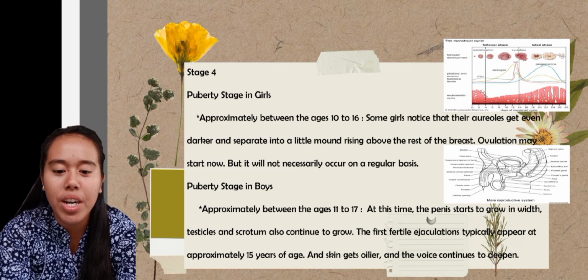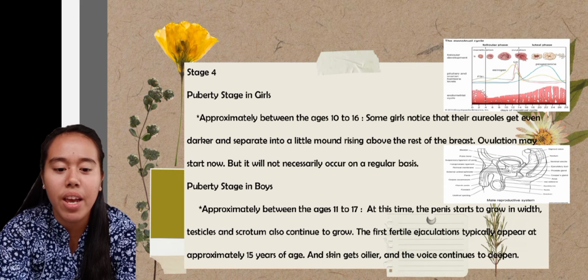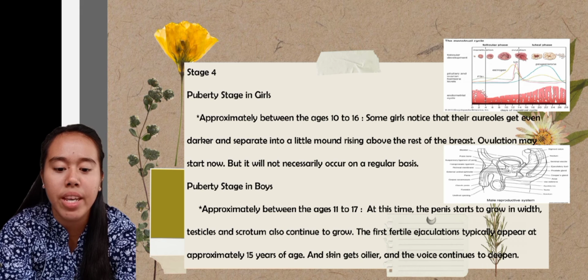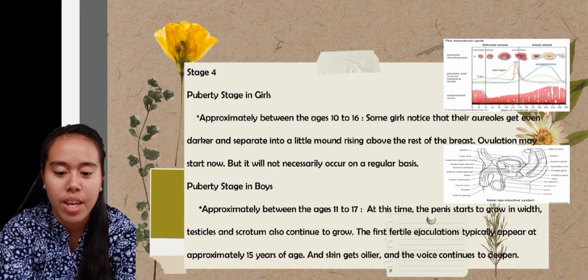For stage 4 of puberty in boys, approximately between the ages 11 and 17, the penis starts to grow in width. The testicles and scrotum also continue to grow, and hair may begin to grow on the anus.